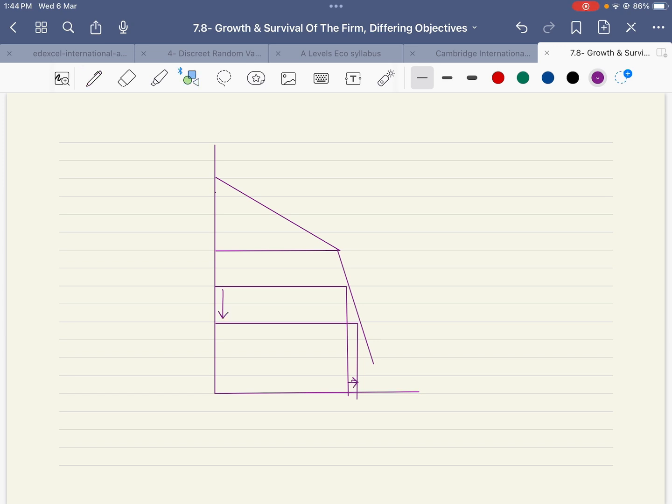And if they try to operate in the elastic part of the curve, small changes in prices are going to create a big difference in the quantity.